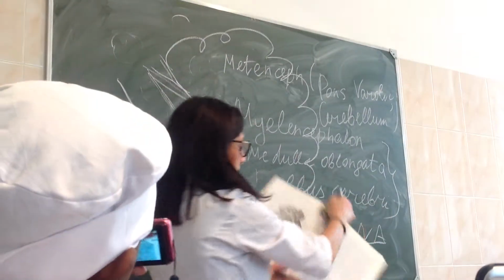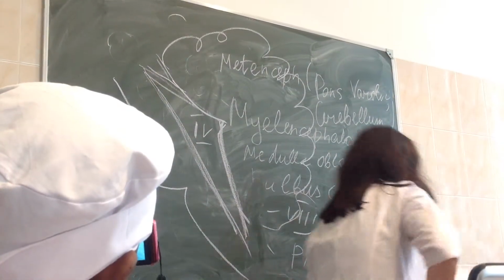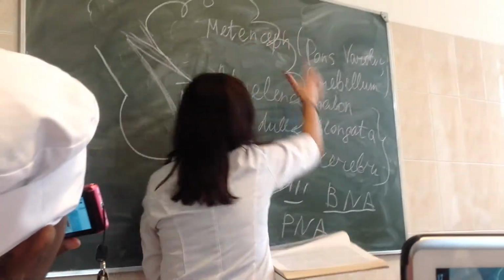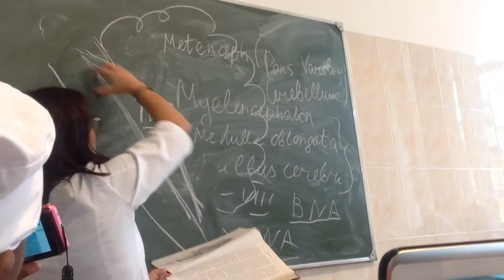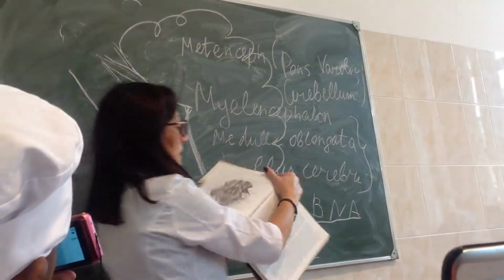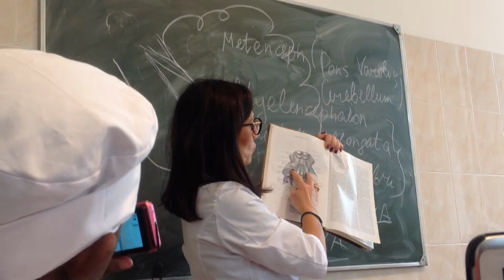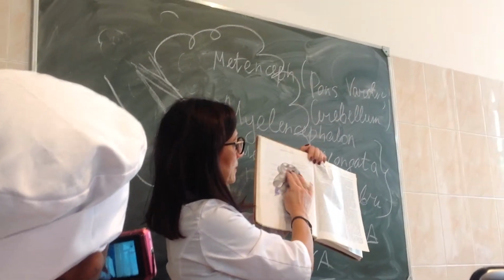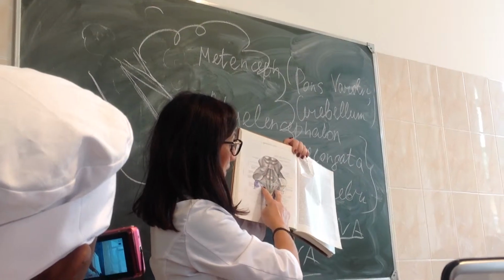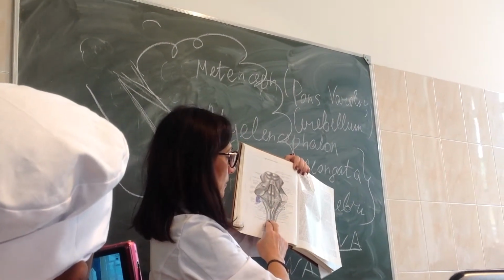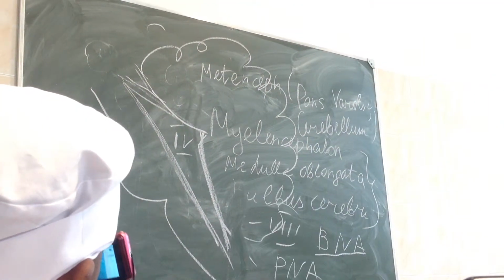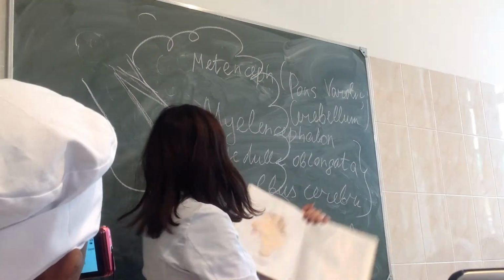And in the roof lies the cerebellum. The cerebellum is connected with the midbrain tegmentum by the pedunculus cerebellaris superior, between which we have velum medullare superior. And the inferior peduncles connect with the medulla oblongata, between which lies velum medullare inferior.